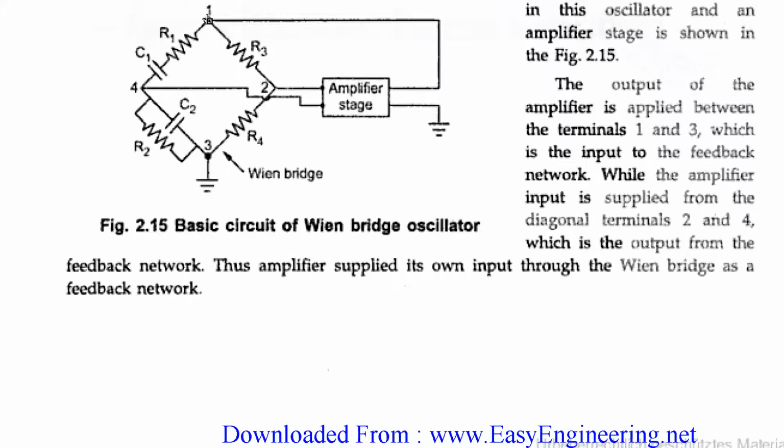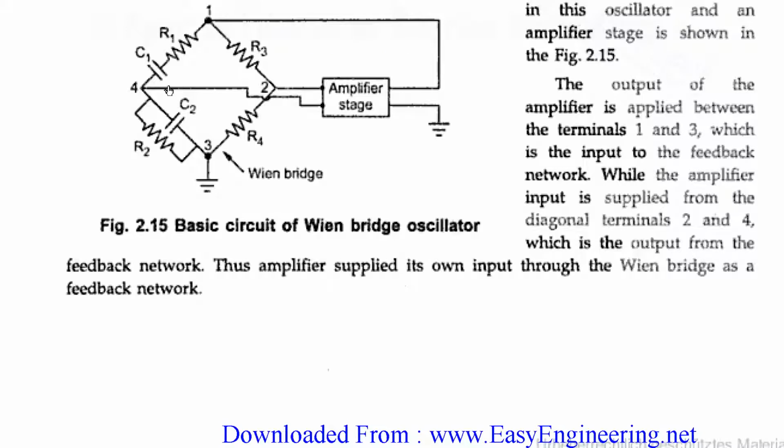This part alone we are analyzing. For this part alone, the input is here, and the output we are taking from here. So Vin, R1, C1, Vf. The output of the feedback network we usually call Vf, isn't it?